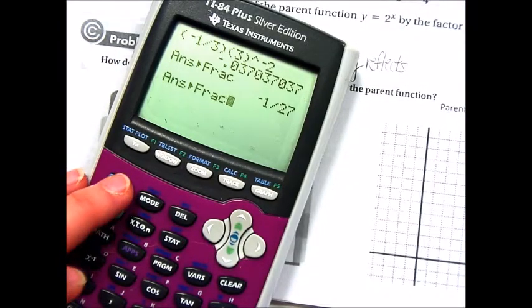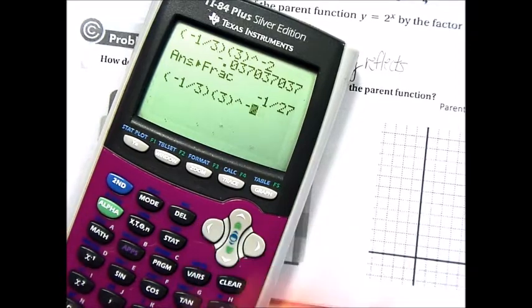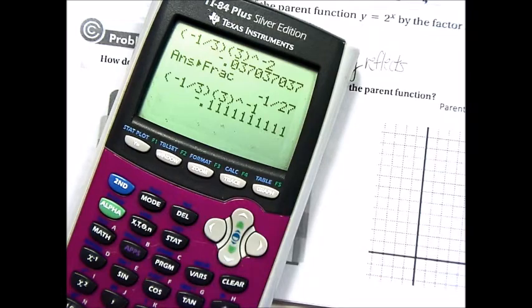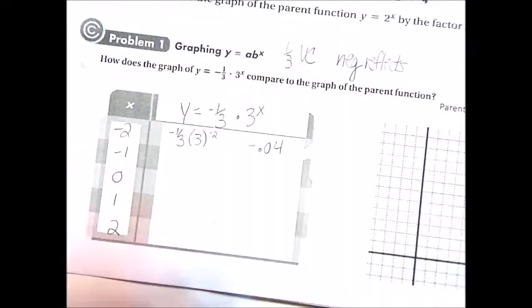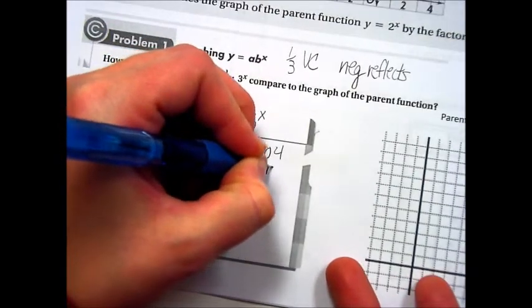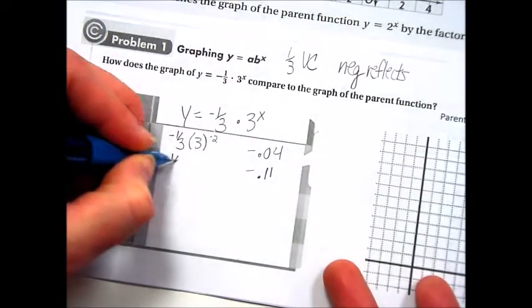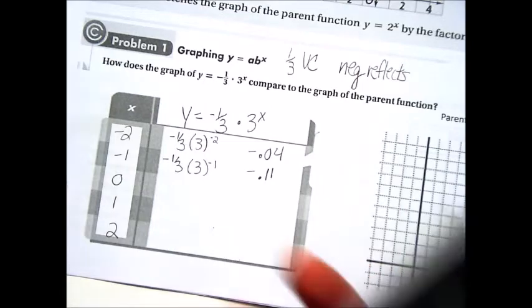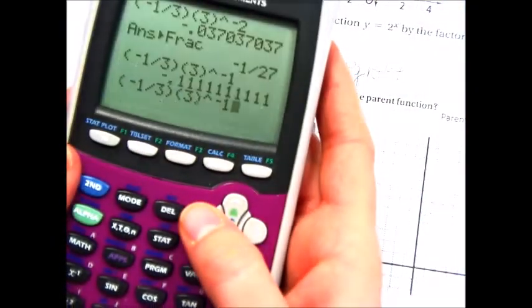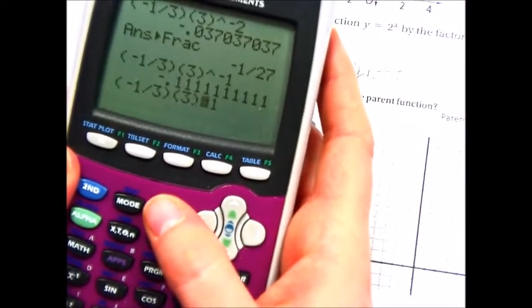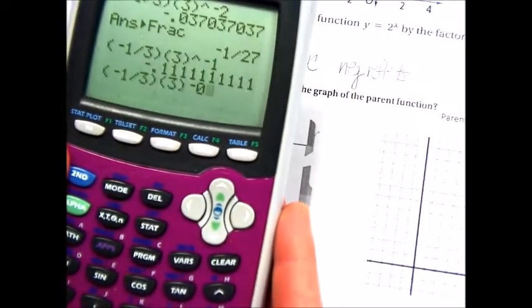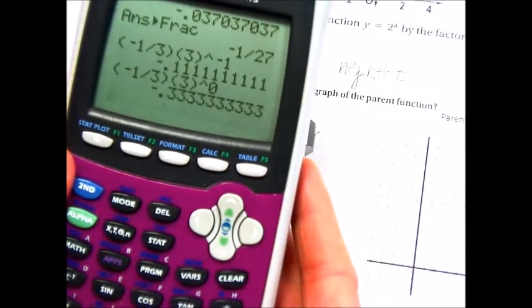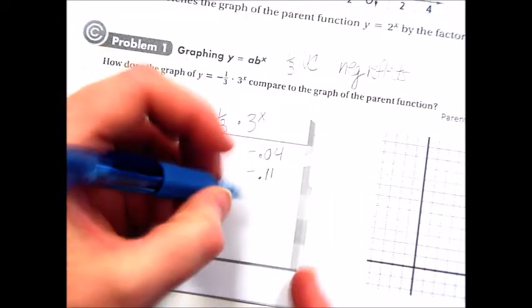Then you keep plugging those numbers in. You'll do the same equation, but now to the -1 power, and we get -0.11. You can show what you plugged in: -1/3 times 3 to the -1 power. Then we'll plug in 0 and end up getting -0.33.